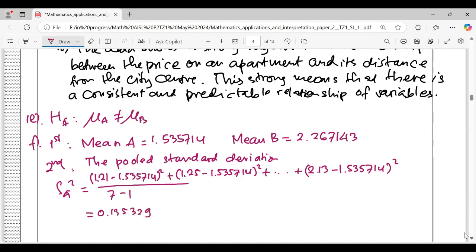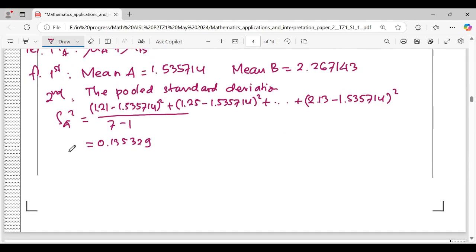That is for location A. Now for location B.